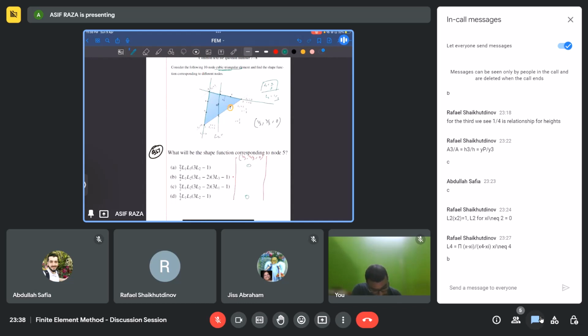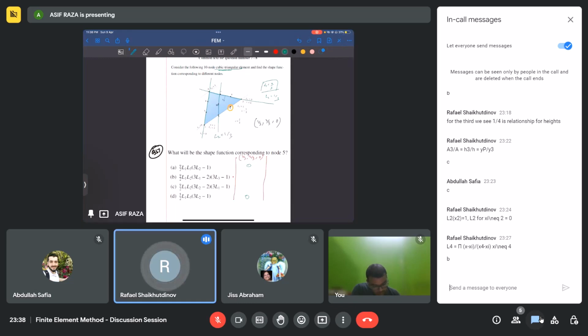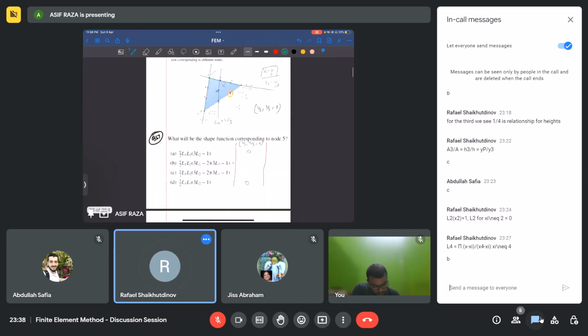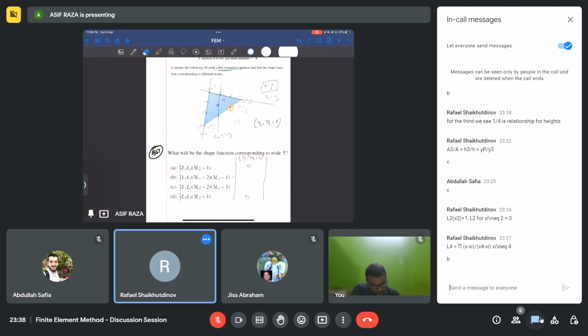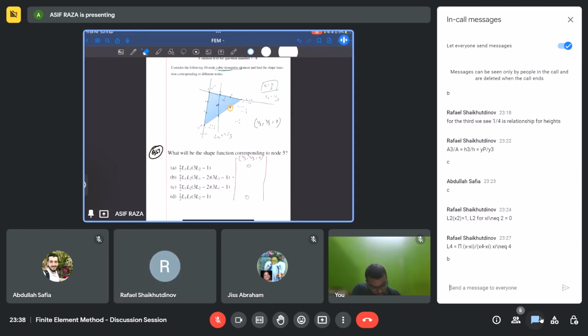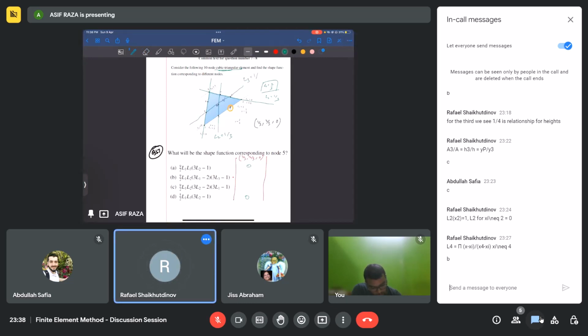No, L3 is equal to 1/3, sorry. Can you show this line? Okay, so this is equal to 0. L3 equal to 1/3, yes, this line.